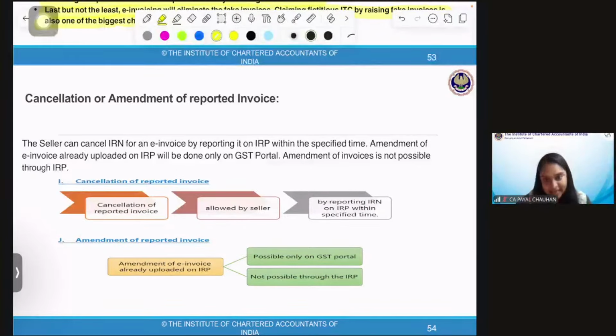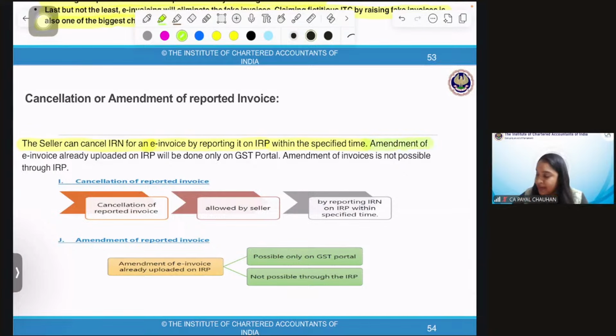The answer is yes. The e-invoice could be cancelled, but within a specified time, like within 24 hours, right? So a seller can cancel the IRN for an e-invoice by reporting it to IRP within the specified time.